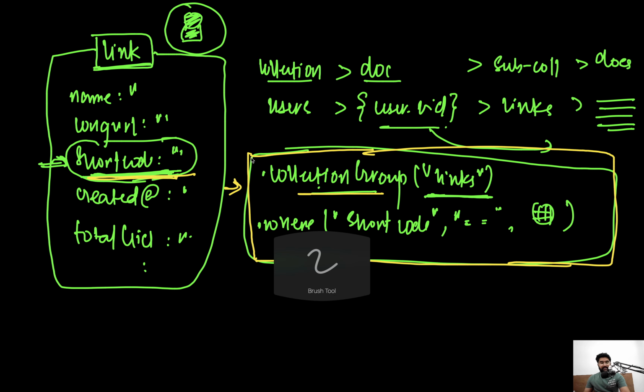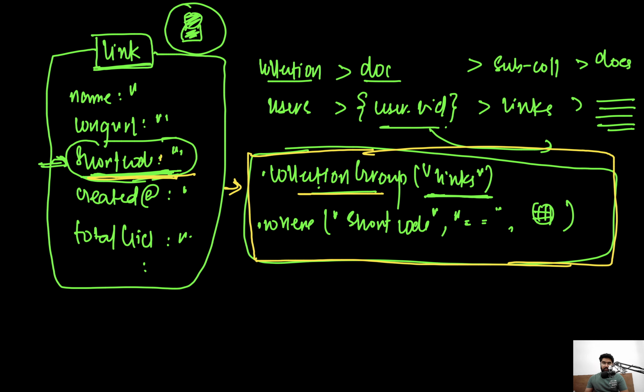So that being said, let's get back. We need to ensure that the shortcode is unique, but I don't think following this approach alone will let us do that. So we'll have to figure out a different way. As I'm thinking on the fly right now, what we can do is shift the entire process of creating the links to cloud functions.